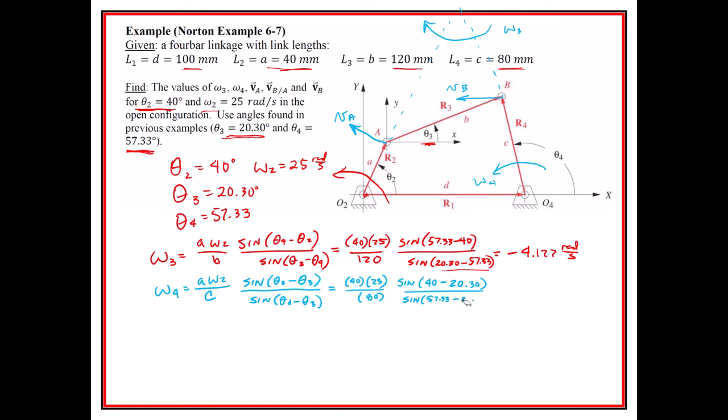Whoops. So you can see that neither of these is going to be a negative number, and we end up with a positive 6.998 radians per second.